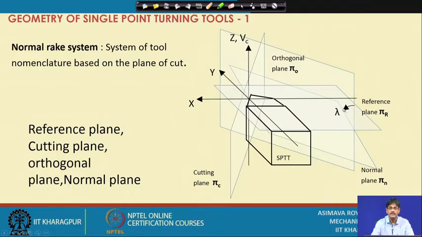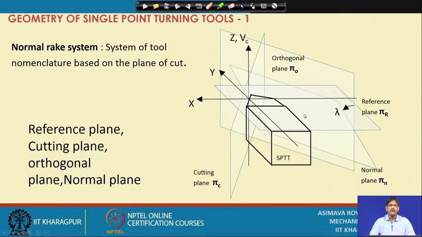It is as if we are simply taking hold of the orthogonal plane and rotating it through lambda, so that it becomes perpendicular to the cutting edge. This plane is called the normal plane. As you can see, it makes an angle of lambda with the orthogonal plane. It is an inclined plane, it is not vertical.